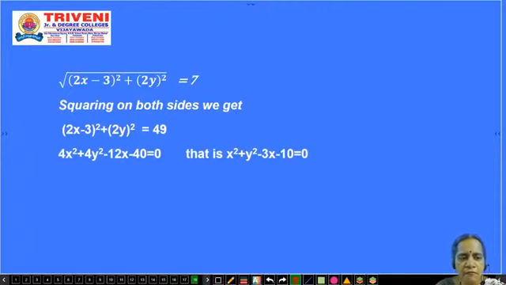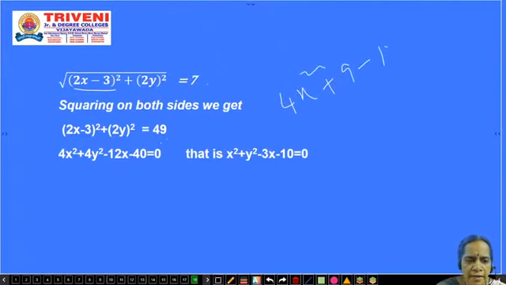This is in the form of a minus b whole square, that is a square plus b square minus 2ab, plus 2y whole square is equal to 7 square, that means 49. Then 2x minus 3 whole square is 4x square plus 9 minus 12x, plus 4y square is equal to 49.